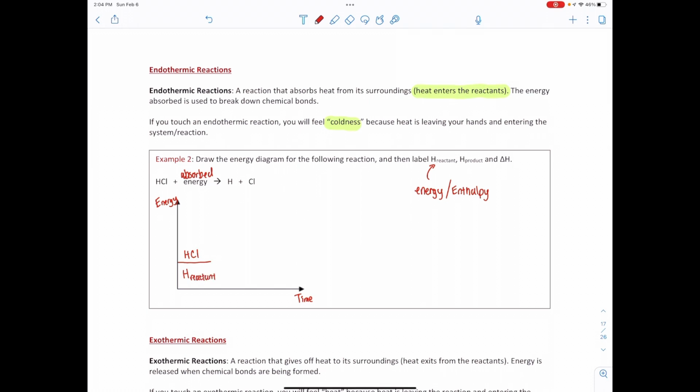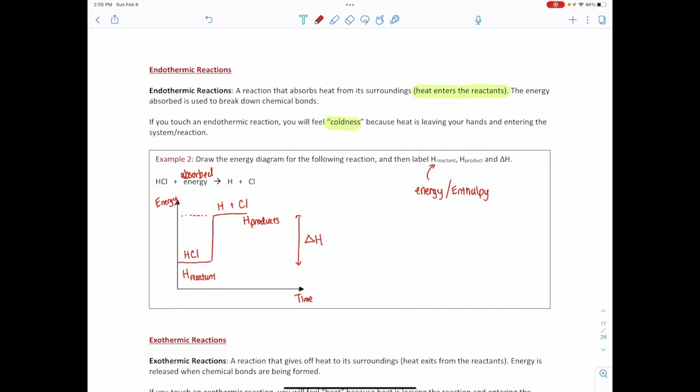If I input energy into this reaction, or if HCl absorbs energy, the energy level is going to increase to a certain point where that energy then splits HCl into its constituents, H and Cl. This level up here is the energy of my products, how much energy my products have. And this difference, from the reactant to the product, is the change in energy.